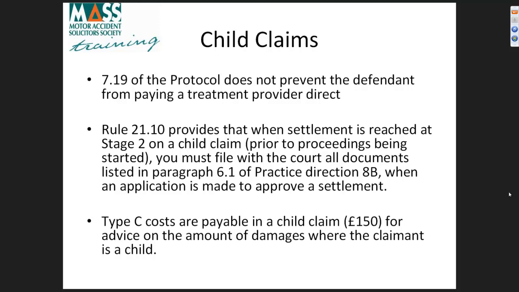Again, a funny point: as a solicitor, or even as a legally qualified person according to the rules, you could make the advice to the court in relation to whether or not the amount agreed is acceptable. However, if you're the solicitor or the legal representative, you're not necessarily entitled to the £150. So perversely, it might be worth passing it to a barrister to do anyway to ensure that you can get this money.